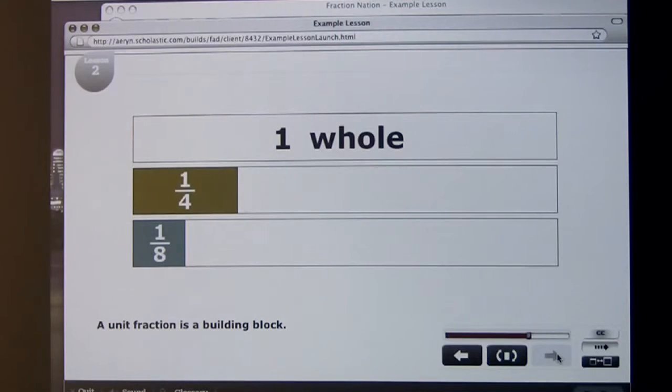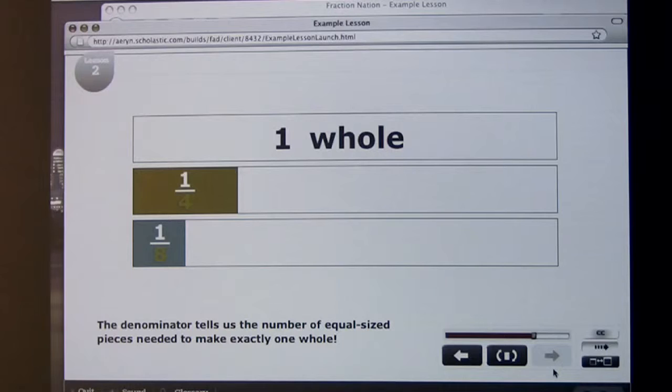Now, I turned on a little feature here called the play-by-play, and this is going to let us see it. A unit fraction is a building block. Scene by scene. The numerator tells us we are thinking about one piece. The denominator tells us the number of equal-sized pieces needed to make exactly one whole.